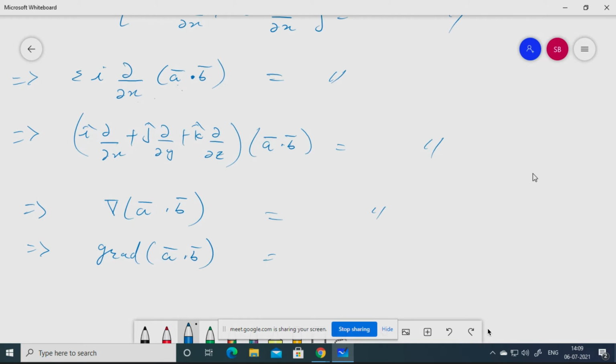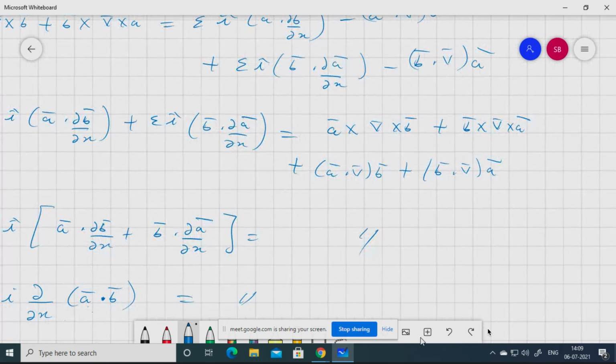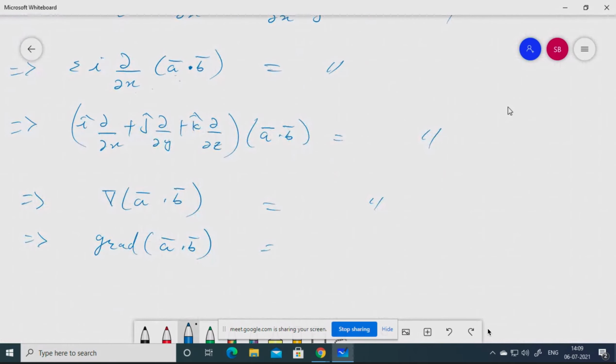Is this what we need to prove? I'll rewrite the whole thing. The first terms were these two terms, A bar dot B bar kind of thing. Okay, B bar dot del into A bar plus A bar dot del into B bar plus B bar cross curl of A bar plus A bar cross curl of B bar.